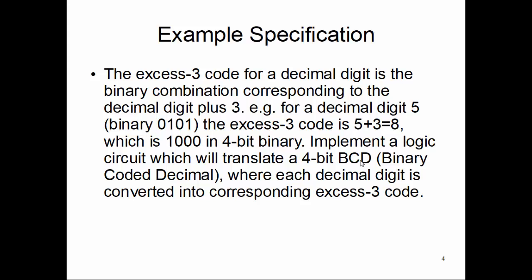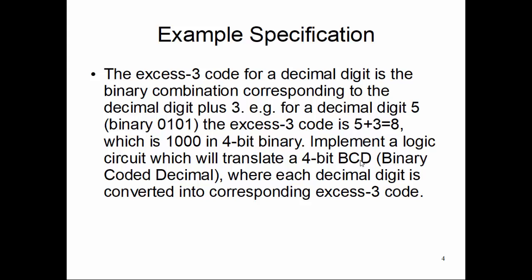BCD is that, let's say I have to represent a value, let's say 29. Instead of representing 29 as a complete binary translation that we did in the number system study, we will take each digit, 2 and 9, and expand each digit into the corresponding 4-bit representation.